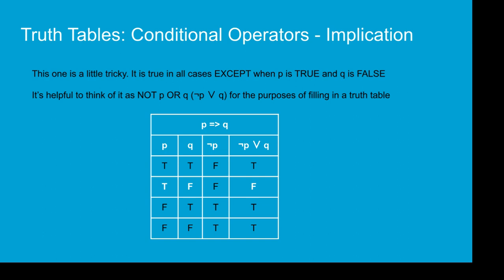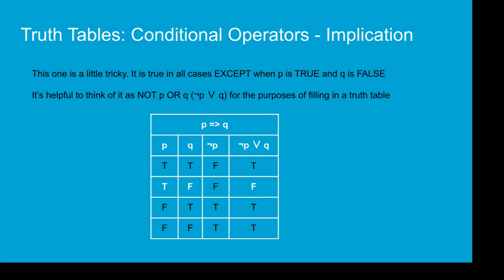Okay? So what that means is that if P implies Q, then any time that P is true, Q must also be true. All right? And if that's not the case, then the implication is false.